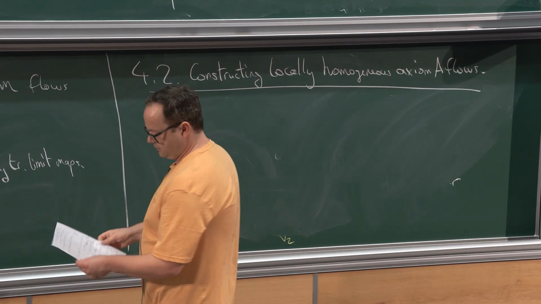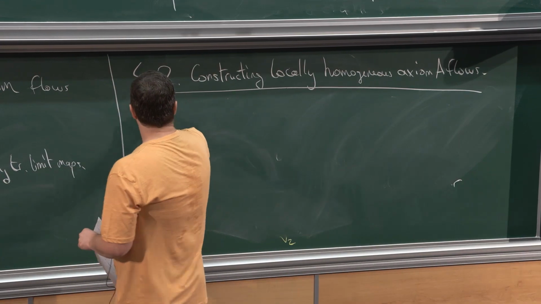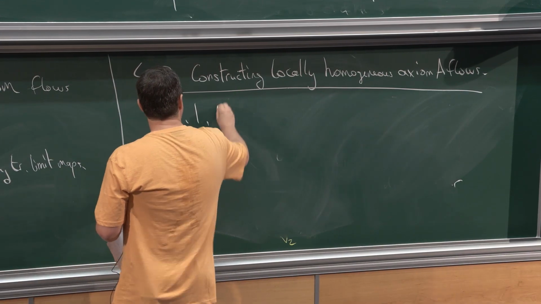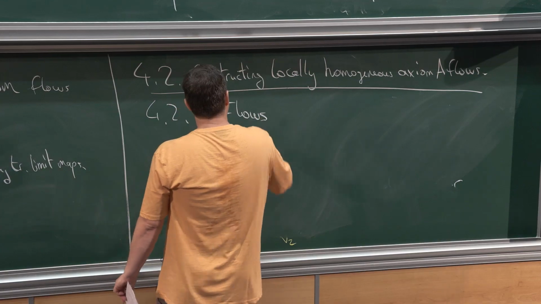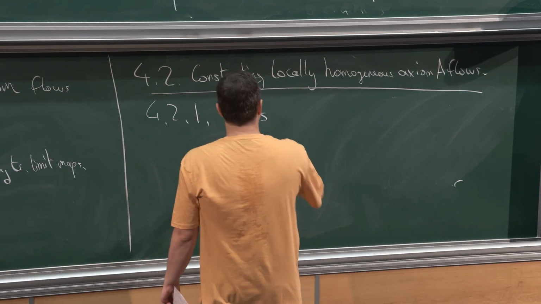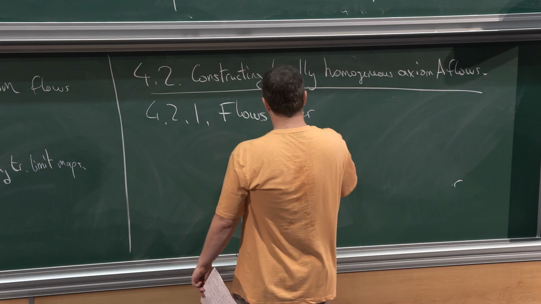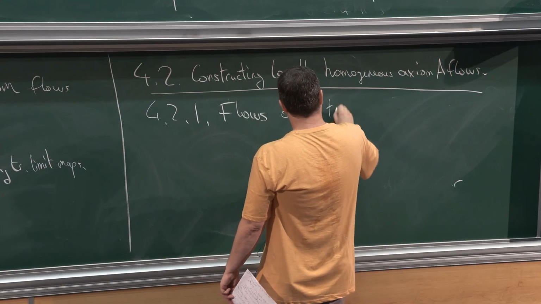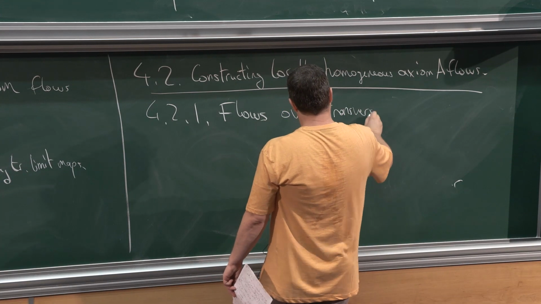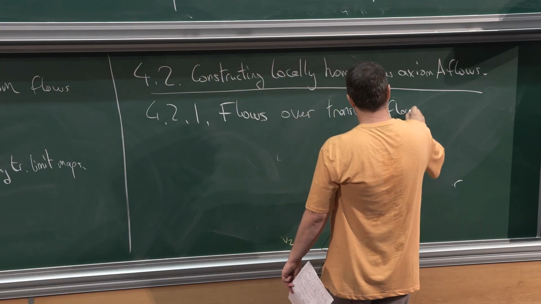Okay, let's do the thing without the discrete group first. So some flows over transverse flat spaces.